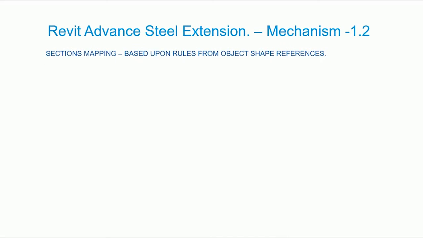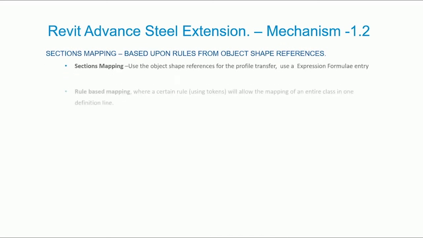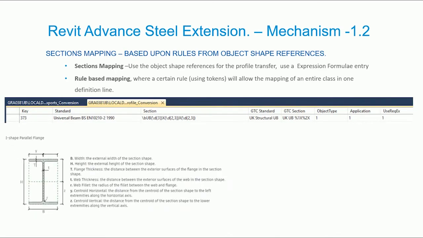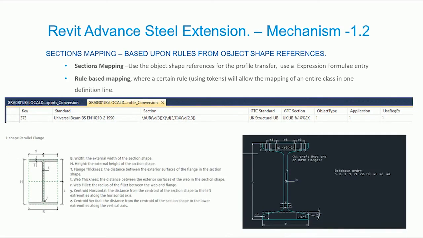The second stage is based upon the section shape. This is where the formula comes from. In both platforms you have a section shape, a section code. In Advanced Steel we have standard shape codes, as we call them, and Revit has similar things where we have standard shapes, and those all have heights, widths, thicknesses and radiuses included in them.